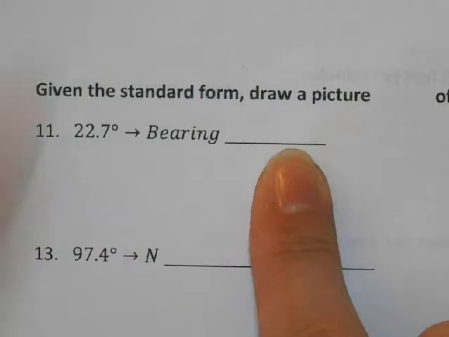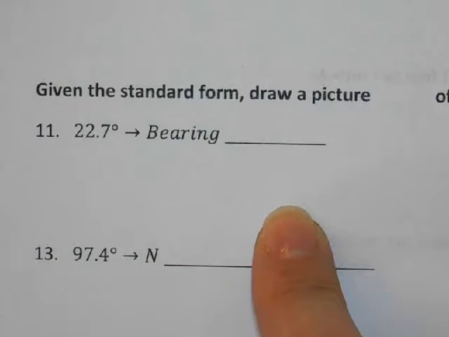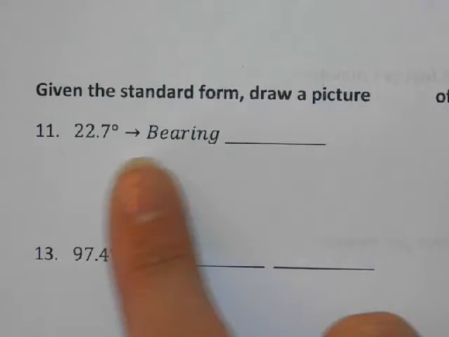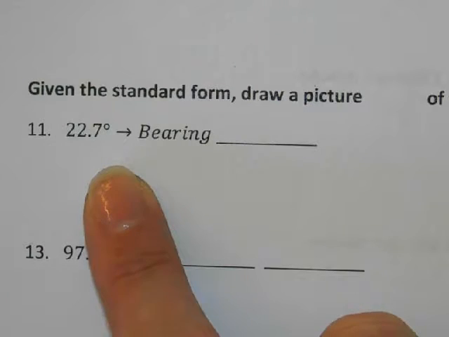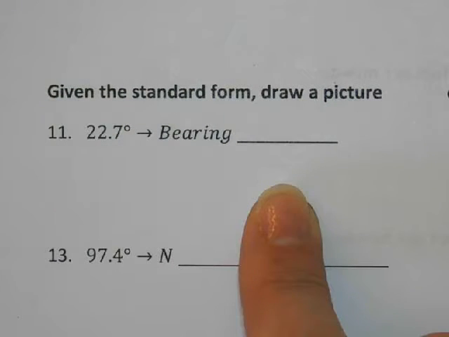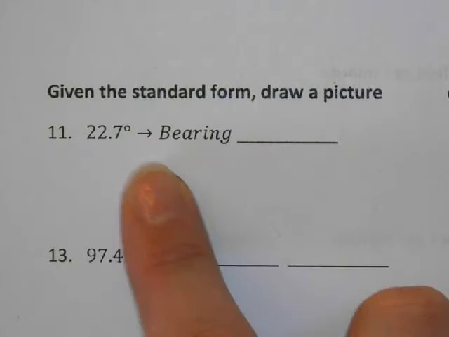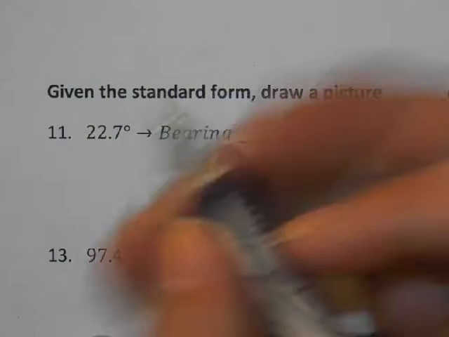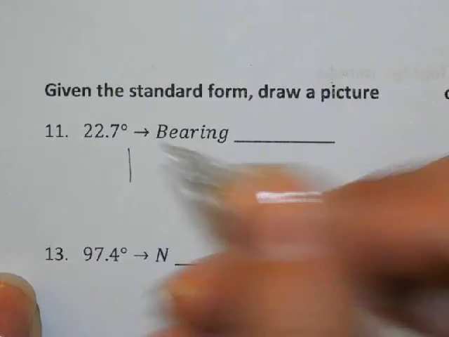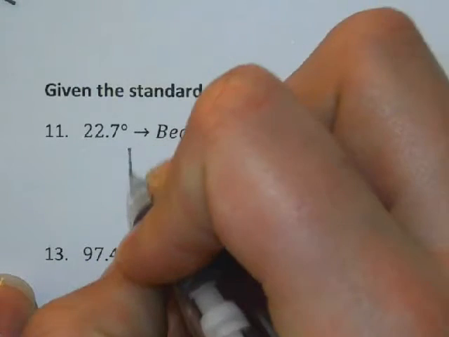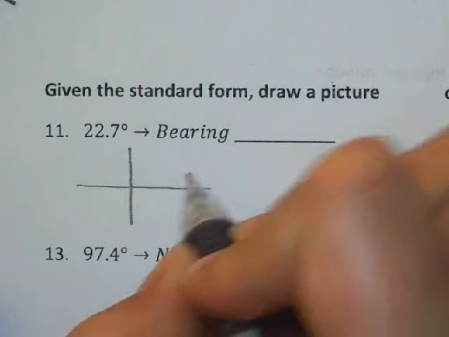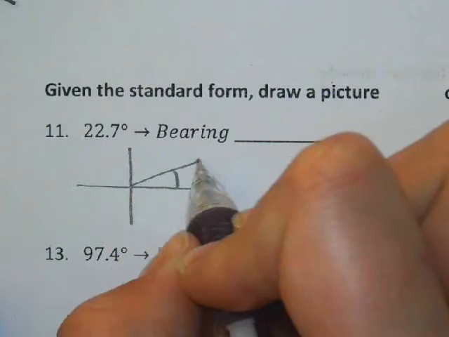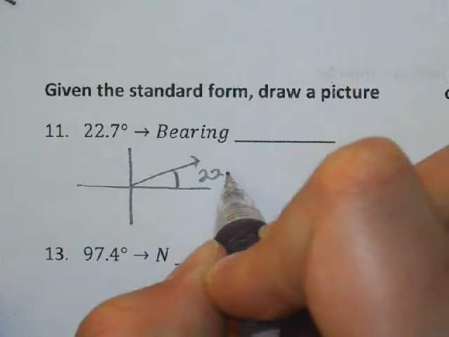Okay, so these problems are just doing the same thing but backwards. We're starting off with the calculator form, and we're converting it into whatever notation they tell us to convert it into. Okay, so for number 11, they said start off with 22.7 degrees for the calculator position. So 22.7 degrees is not very far.